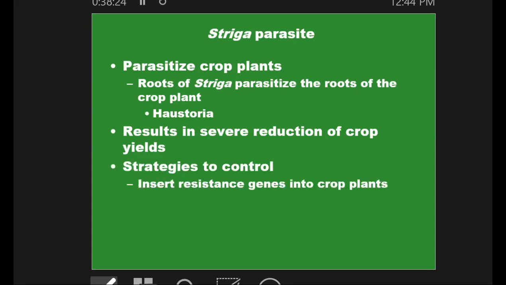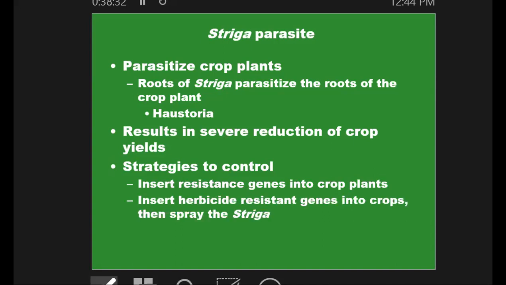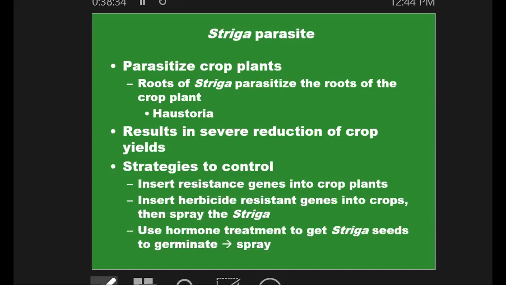And so they're really looking hard at how do we get rid of striga? How do we control it? How do we obliterate it? They're trying genetic engineering. They're trying to spray the strigolactone early before they plant their crop, get the striga to grow, then they kill it, and then they put the crop in.